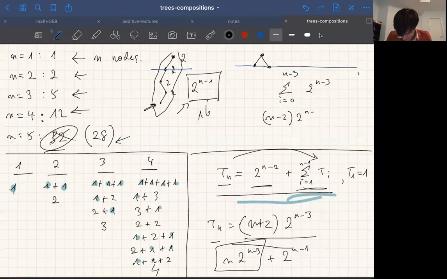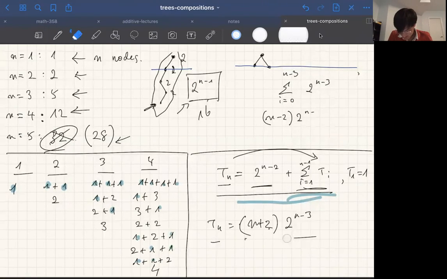This is a 4 here. 2 times 2 to the n minus 3 is not 2 to the n minus 1, it's 2 to the n minus 2. That's what's happened. So that's the mistake, and I think we're done.